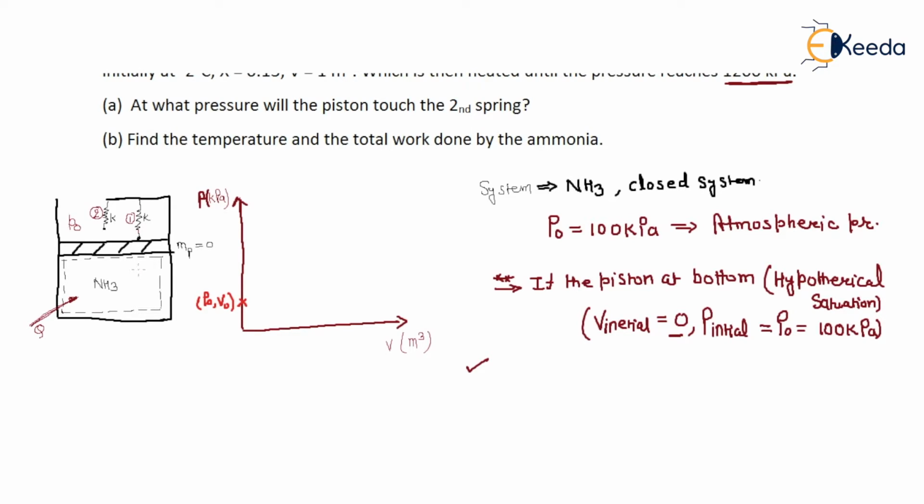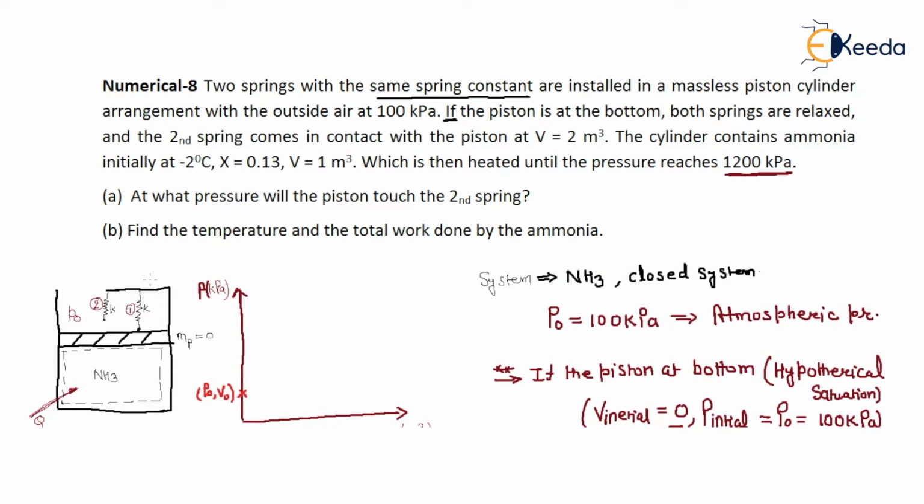The cylinder contains ammonia initially, so there is an initial volume. Let this be point number one, the initial situation, right?